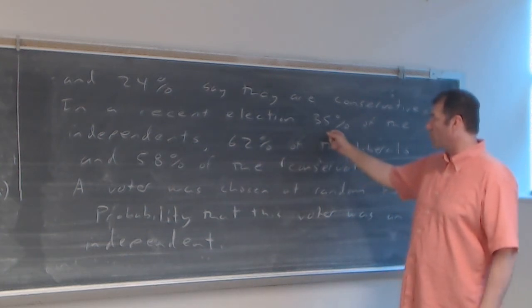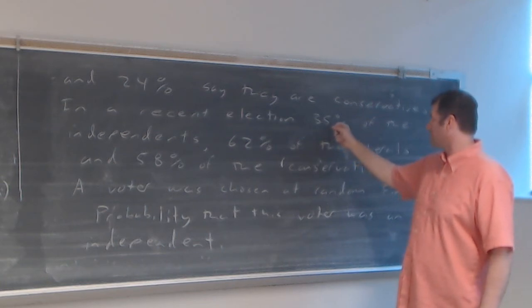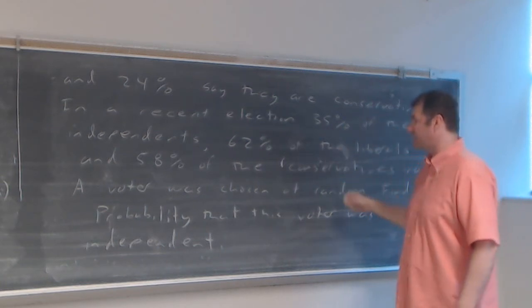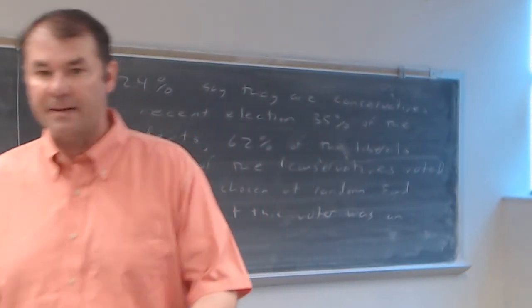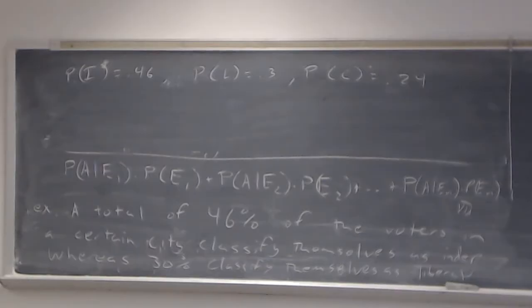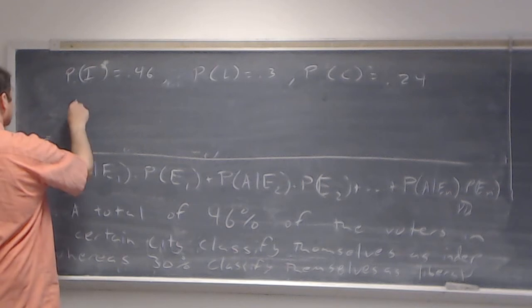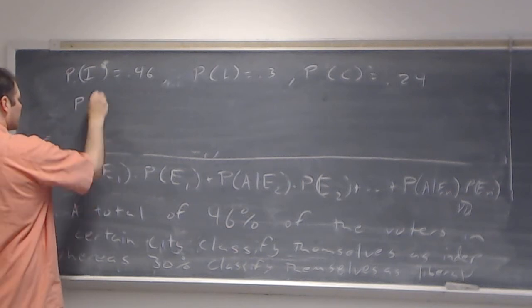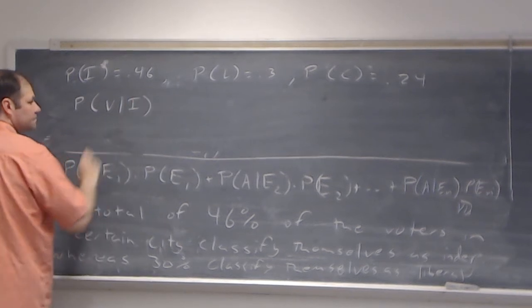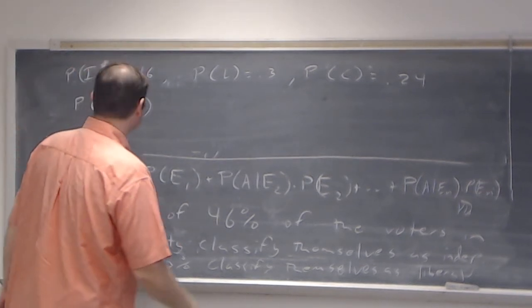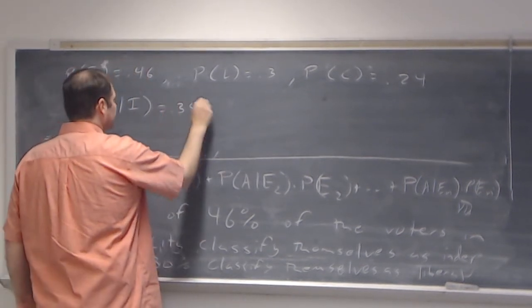Applying the wording for a conditional probability, 35% of A is B means the probability of B given A. So 35% of the independents voted means the probability of voting, given that you are independent, is 0.35.